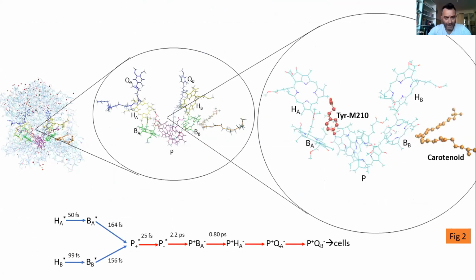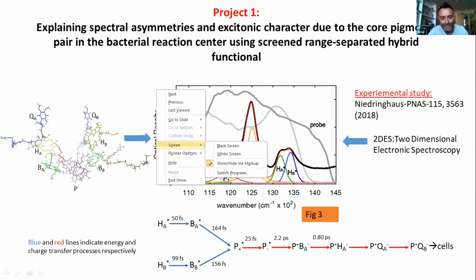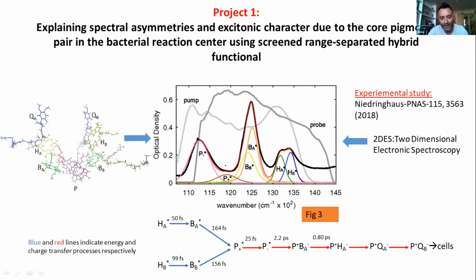In 2018, there was an experiment that, as I remember, used two-dimensional spectroscopy for the first time, and they were finally able to show one of the dark states that was a mystery in the history. This is the dark state of the special pair.